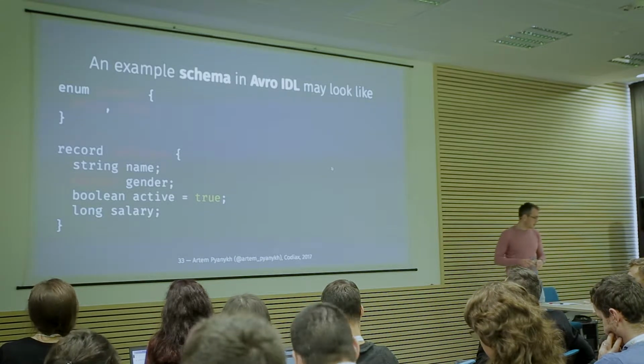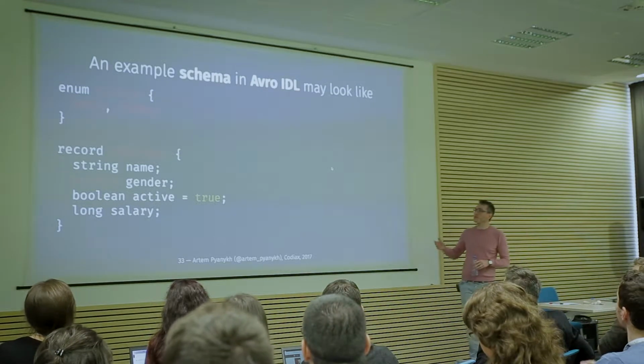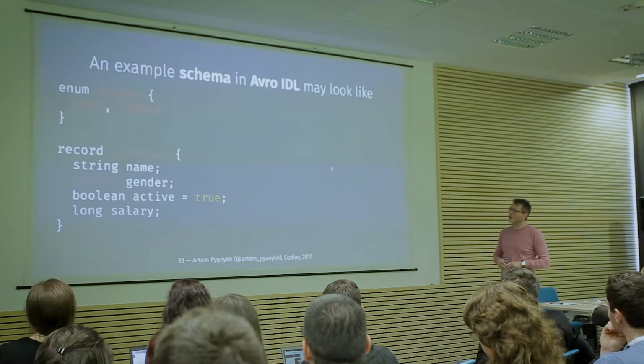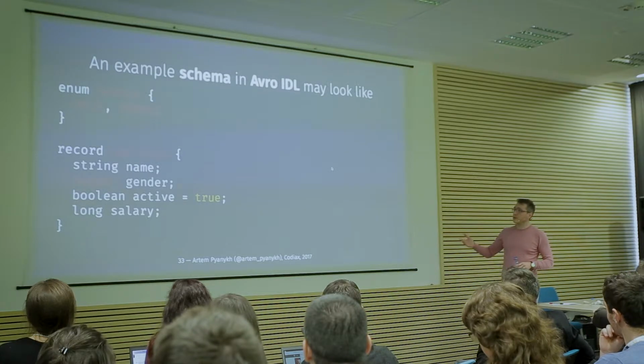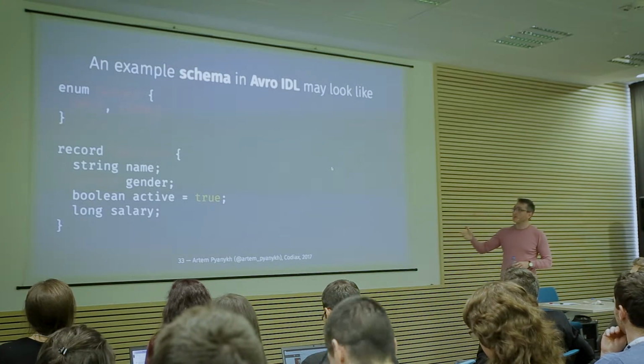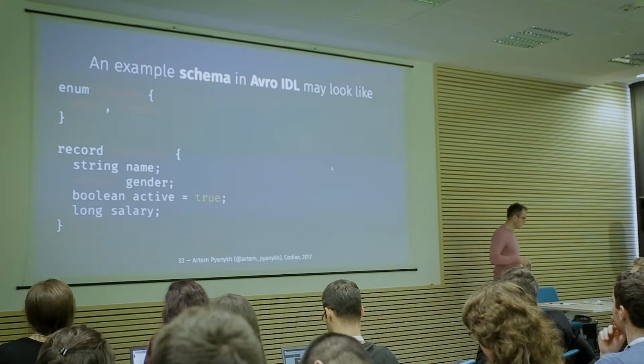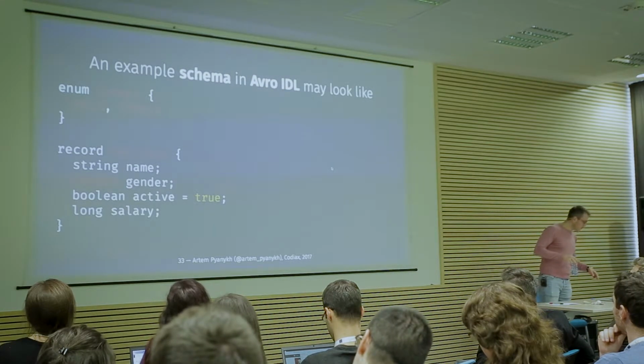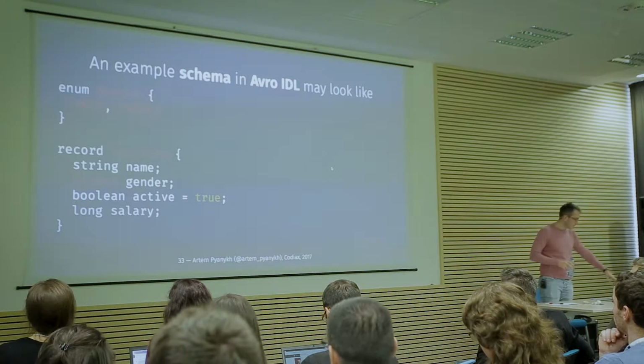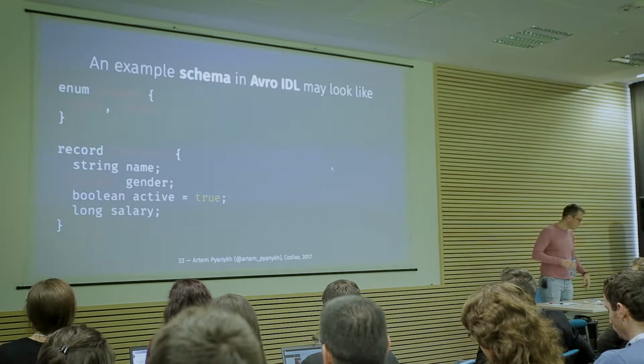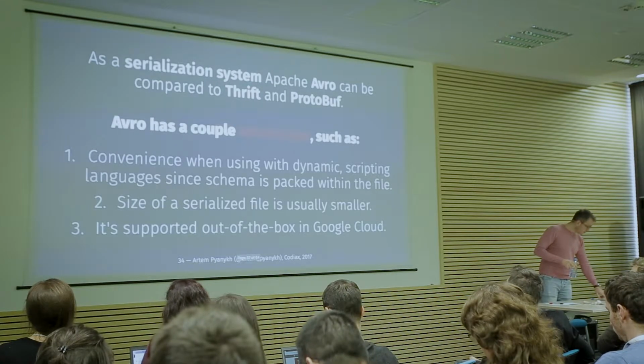This is an example schema in Avro IDL. As you see, you just define a record, you define the type and the field name. And types can be more complex than just strings. As you see here, we have a gender, which is an enum type.